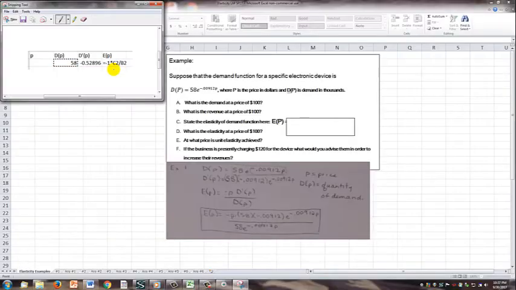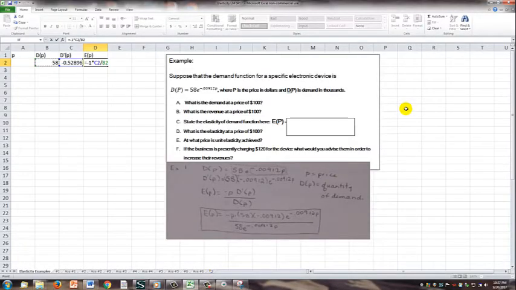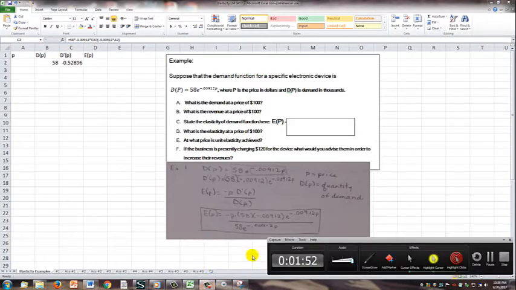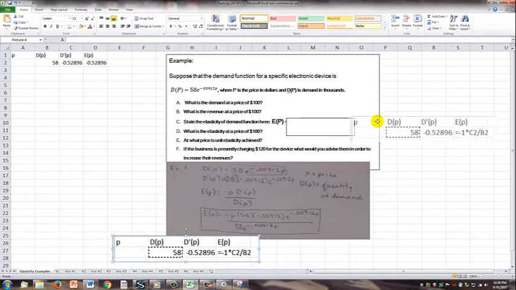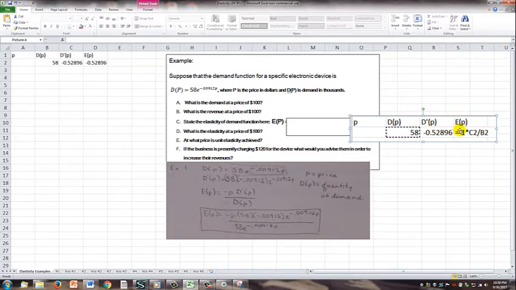Put it right here. Probably should hit enter first. Okay, so I got that fixed up, and I put what you type in here, and you'll just memorize that. So what we write on our paper is a lot different than how we type in the elasticity function in Excel. Okay, so now we can answer the questions.